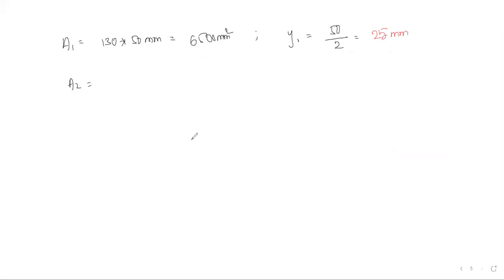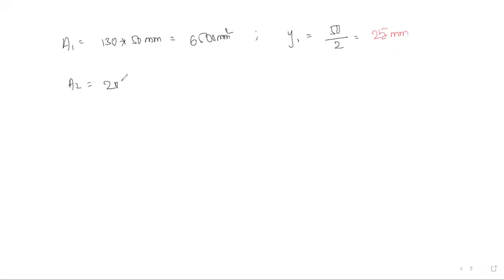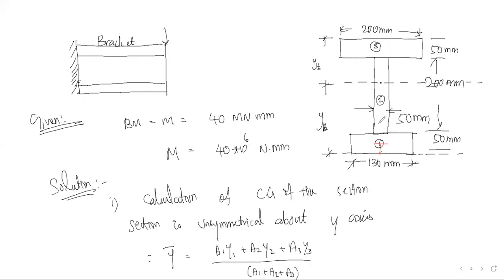Next A2. So A2 is 200 by 50 mm. So 10,000 mm square. So y2 is equal to, so here I have first 50 mm, okay, plus this 200 divided by 2 I am going to take. So it is going to lie somewhere here. So this height along with this height divided by 2, that I am going to take.